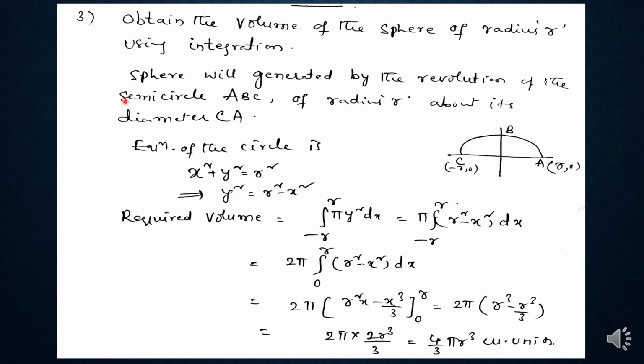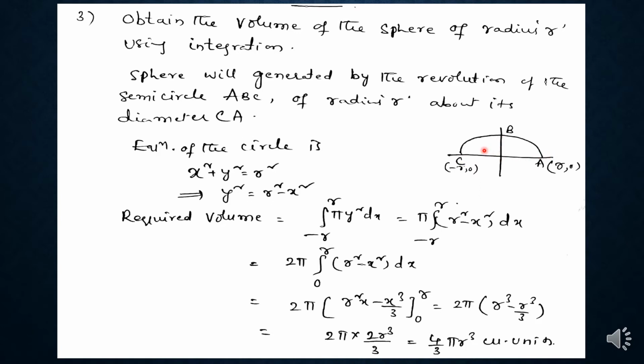Here we took the equation of the circle, because by rotating the semicircle about its diameter we get the sphere. So the area bounded by the semicircle from -r to r, bounded by the curve x squared plus y squared equals r squared, and from x equals -r to x equals r about the x-axis.